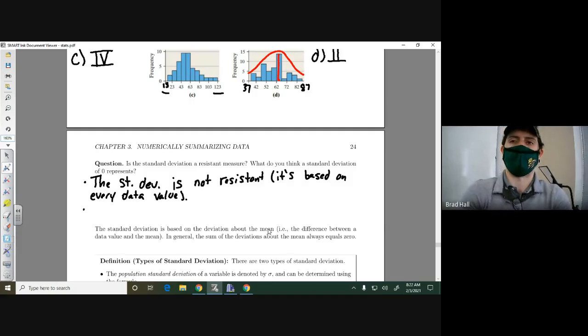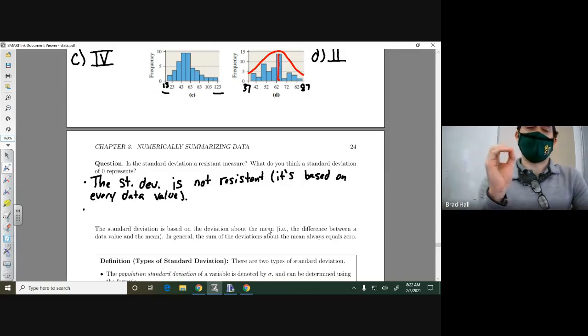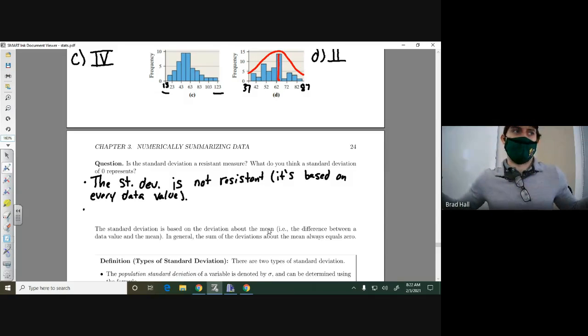Whichever virtual person said that. So what they were saying, if you didn't hear it, was wouldn't that just be the mean? To clean that up a little bit, a standard deviation of 0 means there's no spread in your data from the mean, which means every value would have to be the mean.